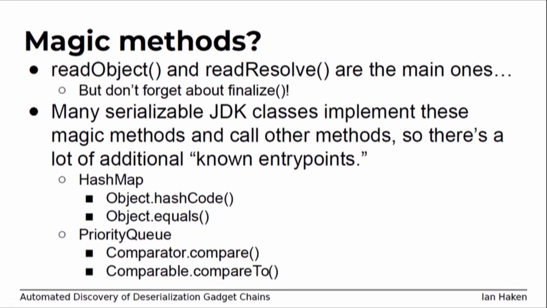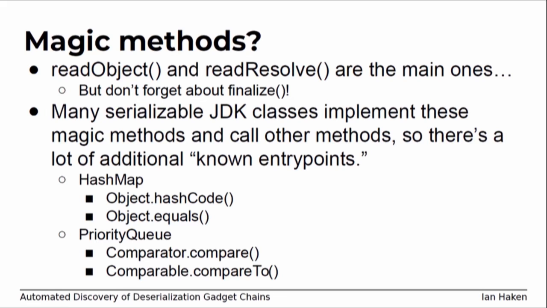So instead, when you write out the object, instead of writing out all of its hash tables, it just writes out a list of key-value pairs. And then inside its readObject method, it expects to read in a list of key-value pairs, and it calls this.put on the key and the value.